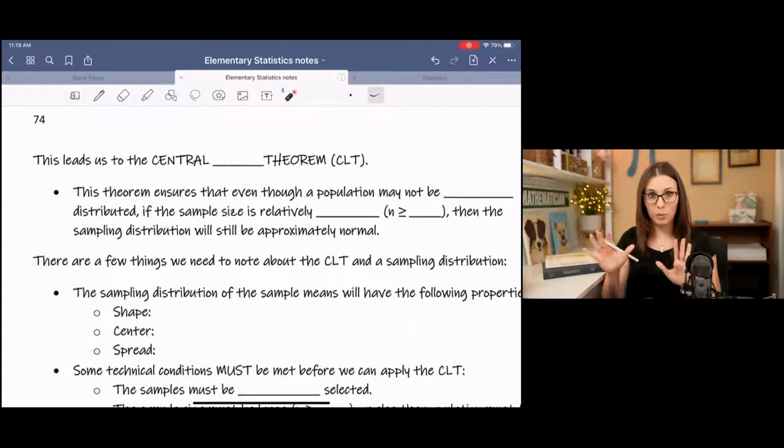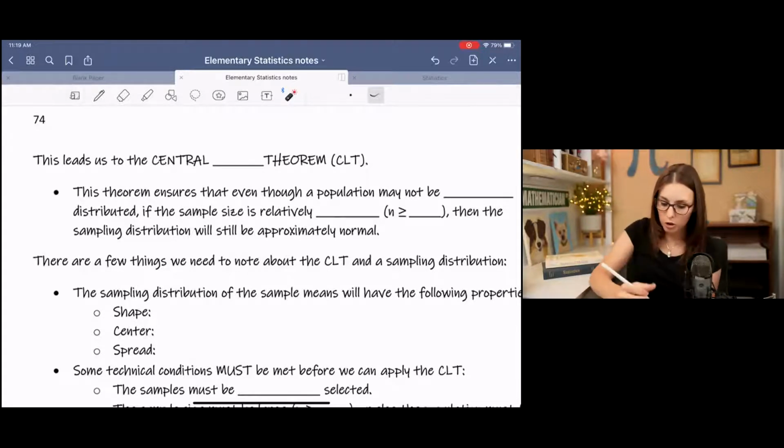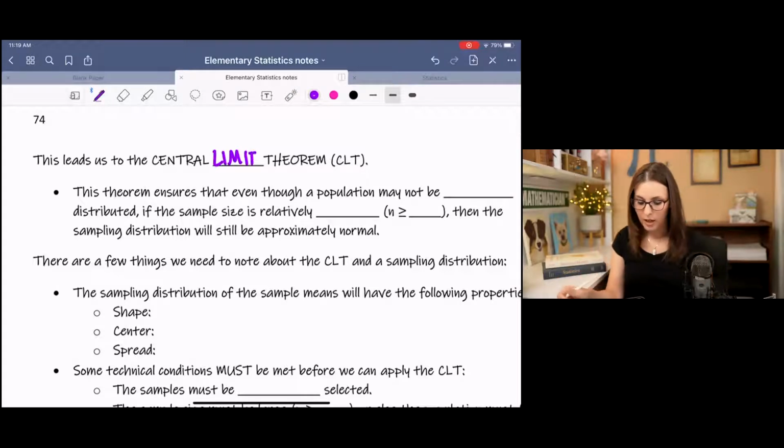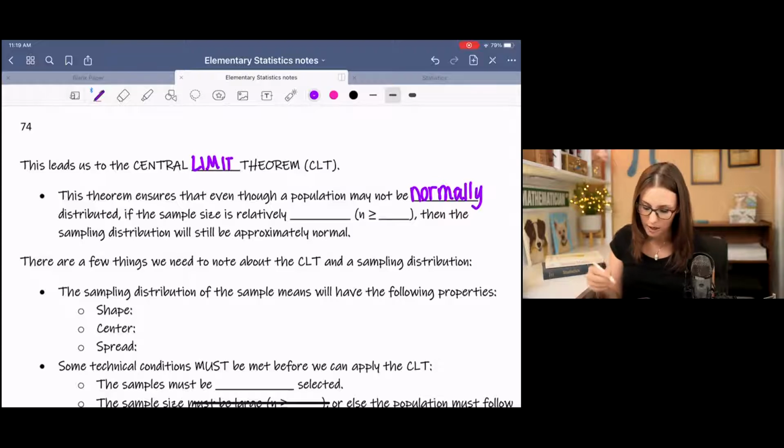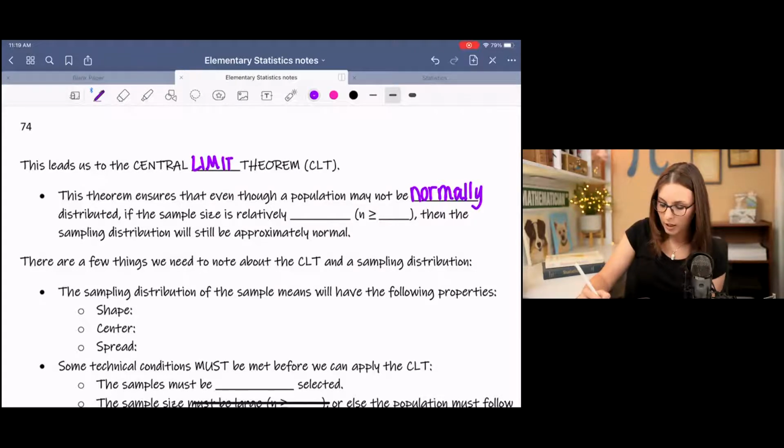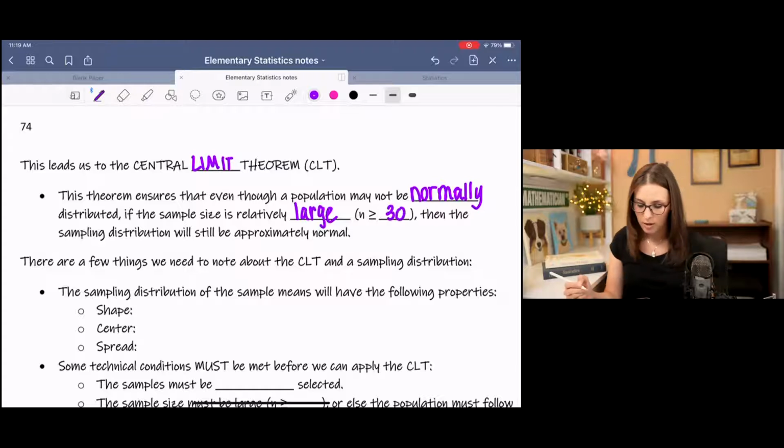which leads to the central limit theorem. This is really important. It's a really big idea. All of this stuff is the backbone to this central limit theorem. And this theorem ensures that even though a population may not be normal or normally distributed, if the sample size is relatively large, which is greater than or equal to 30, then the sampling distribution will still be approximately normal.